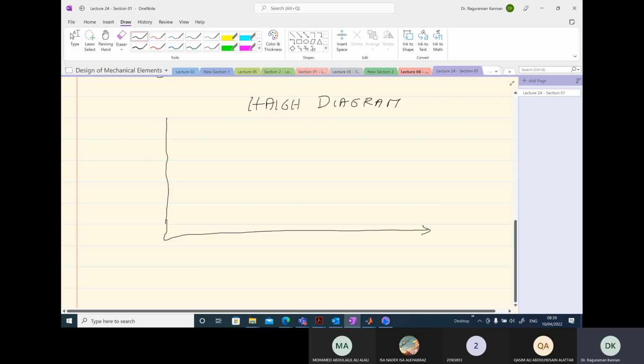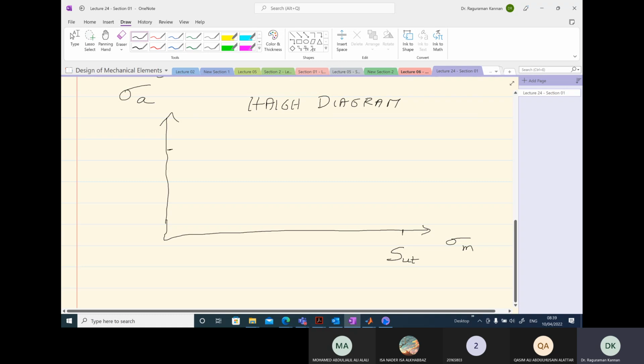Okay, so on the x-axis in the Haigh diagram, I have the mean stress, and on the y-axis the amplitude of stress. Before we draw anything, let's identify that we want to solve it by the Goodman and Gerber curves.